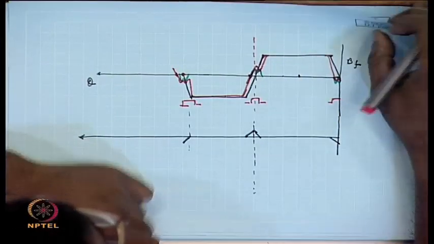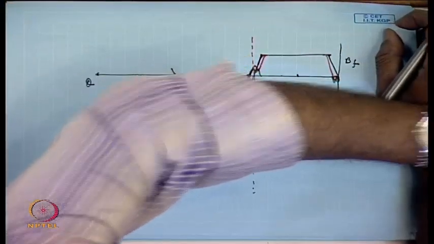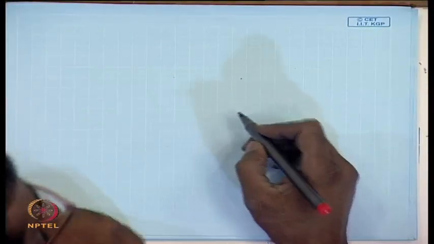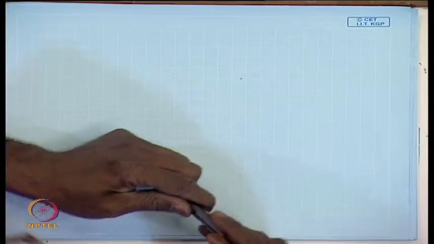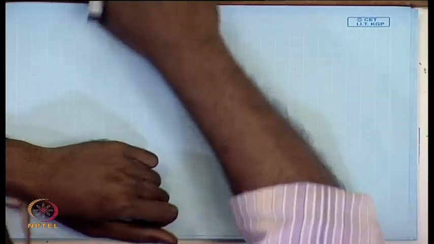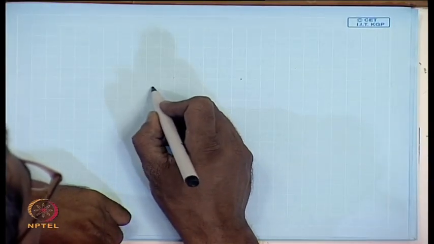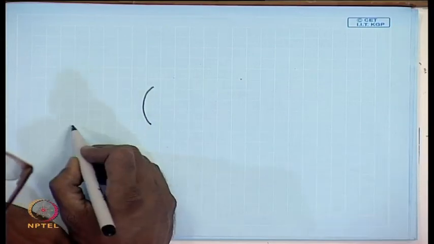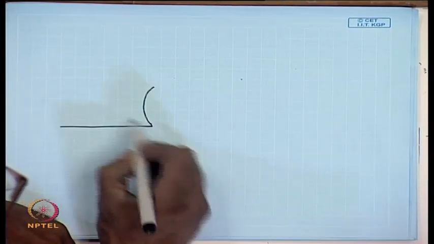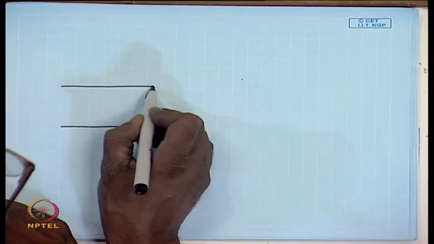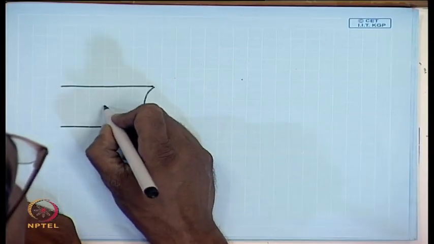Accordingly, sometimes a shift is applied to the brushes. That is, if we look at the DC machine cross section schematically, just for simplicity take only a 2-pole machine.